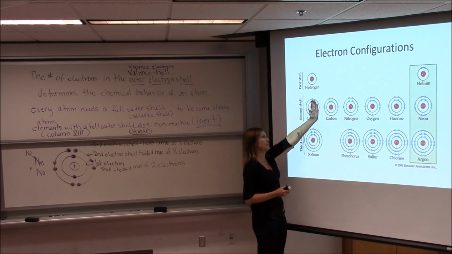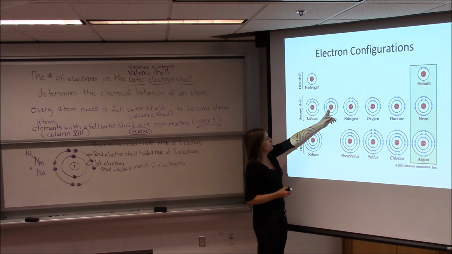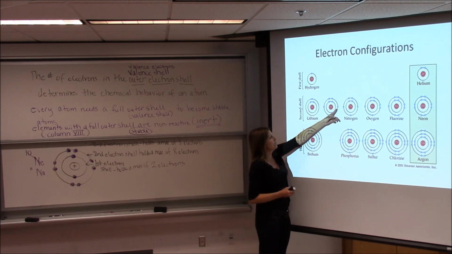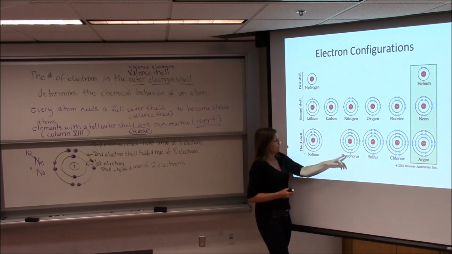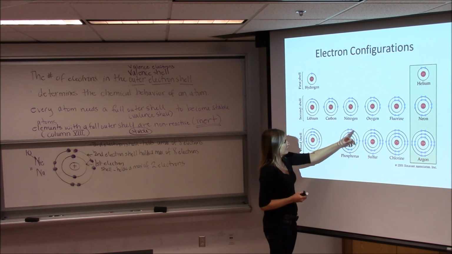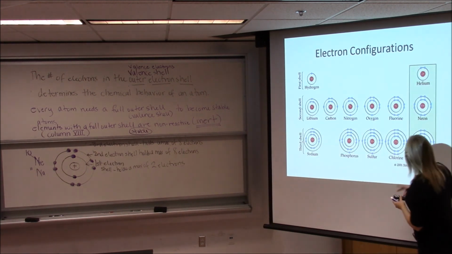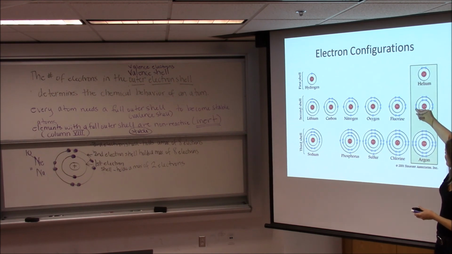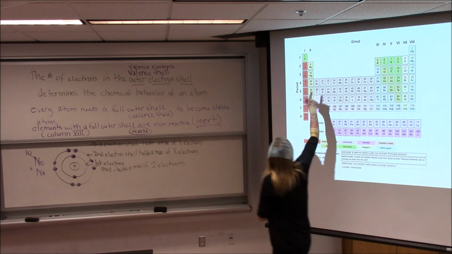I don't know why they skipped column 2 here, or 3. Okay, so this is column 4, carbon. 1, 2, 3, 4. Phosphorus, column 5. 1, 2, 3, 4, 5, and so on. And then if we get all the way over here, column 8, neon, 1, 2, 3, 4, 5, 6, 7, 8.